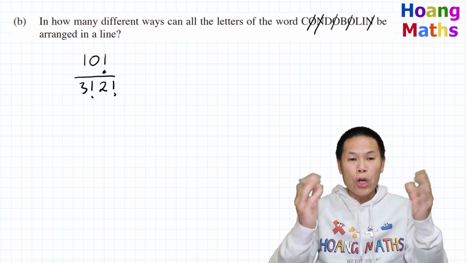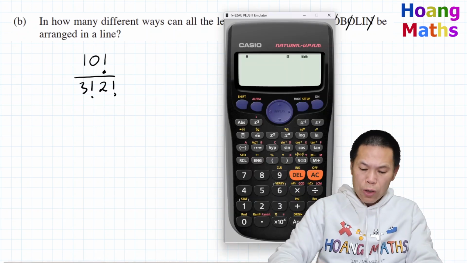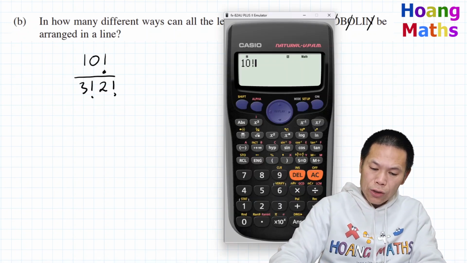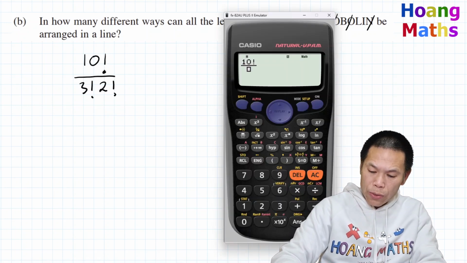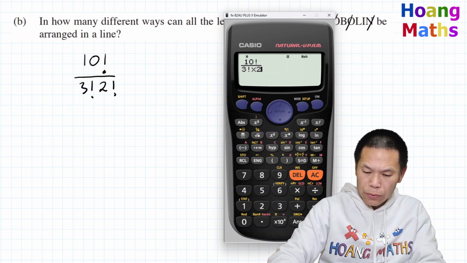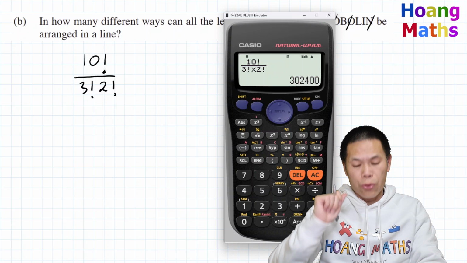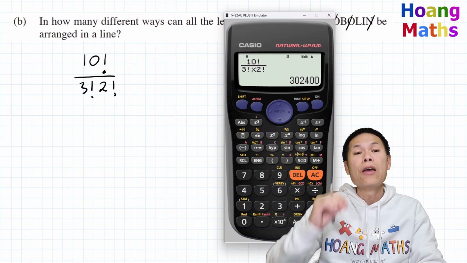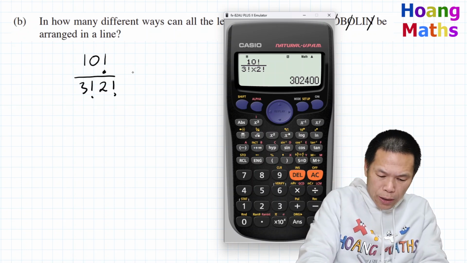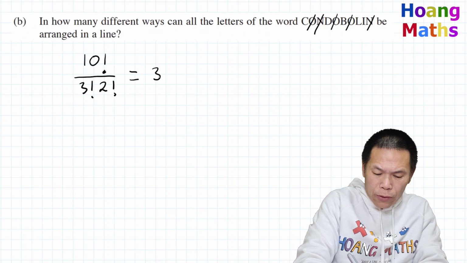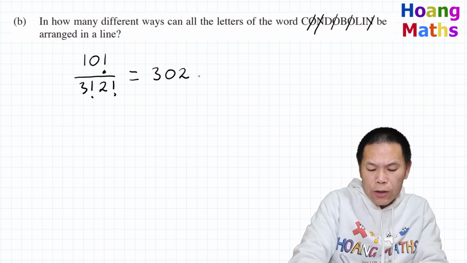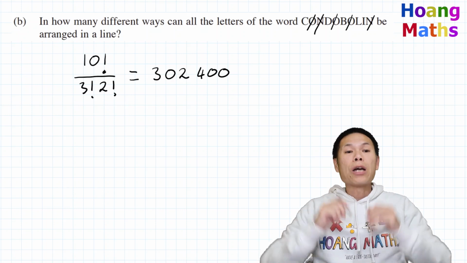Let me put it in the calculator: 10 factorial over 3 factorial times 2 factorial. So there you go, 302,400.